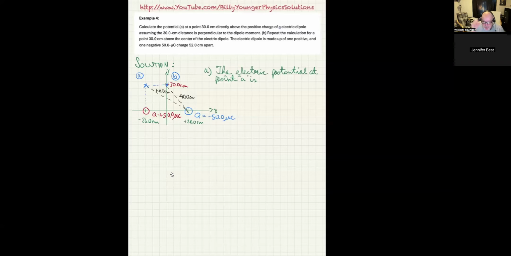Now, electric potential, like I said, is a scalar quantity, so that makes it a lot easier. But the big point is we can say the voltage at A is equal to the voltage at A due to the positive charge plus the voltage at A due to the negative charge. That's all we have to do is just compute those. Now, the beautiful thing is these are scalars, so we don't have to break down into components.